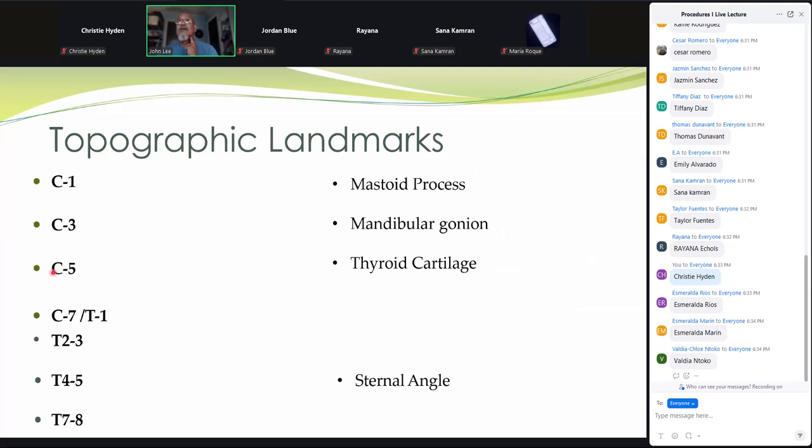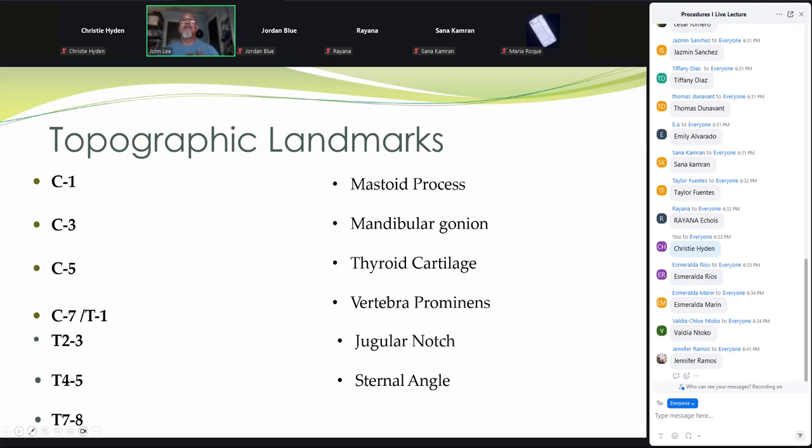C5 corresponds to the thyroid cartilage. C7 and T1 correspond with the vertebra prominens. T2, T3, the jugular notch. T4, T5 approximate the level of the sternal angle.